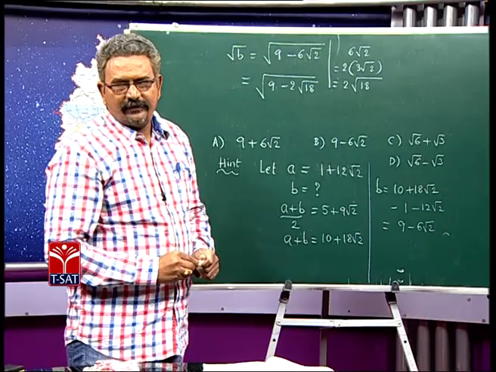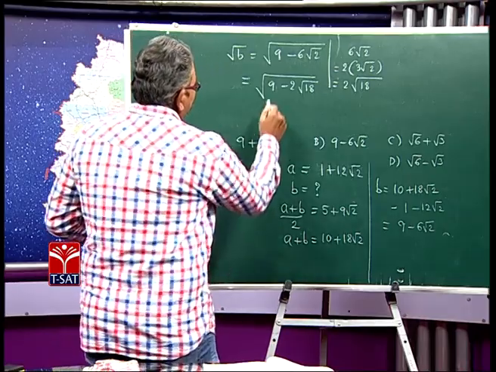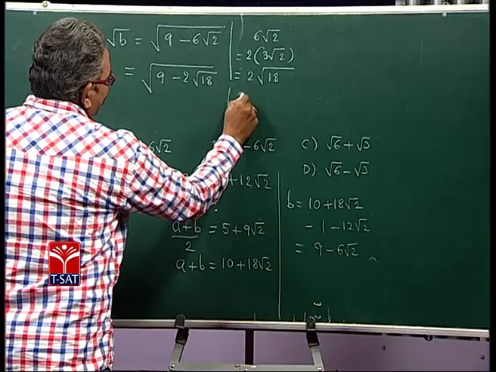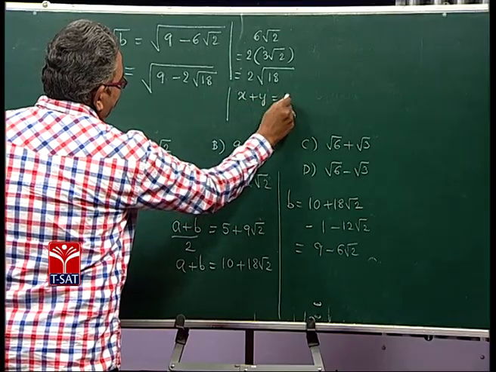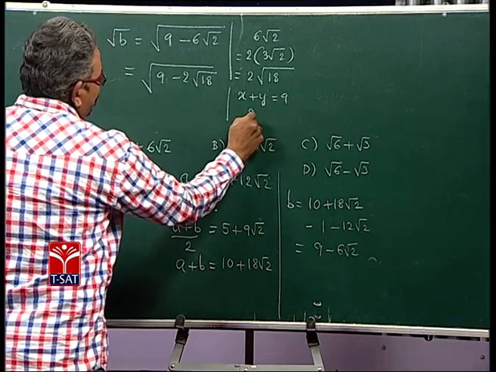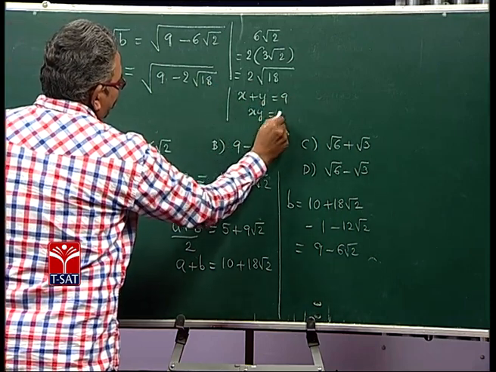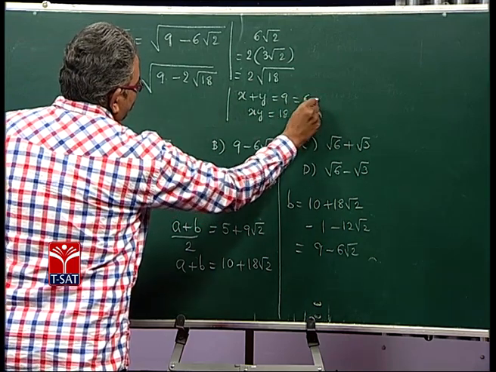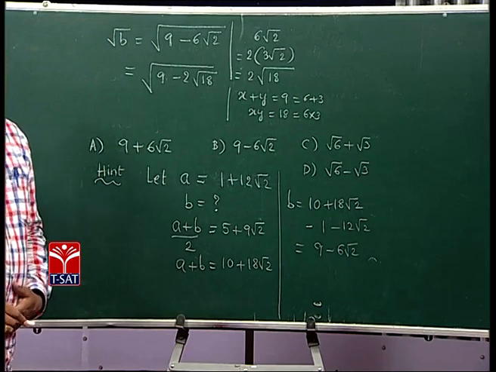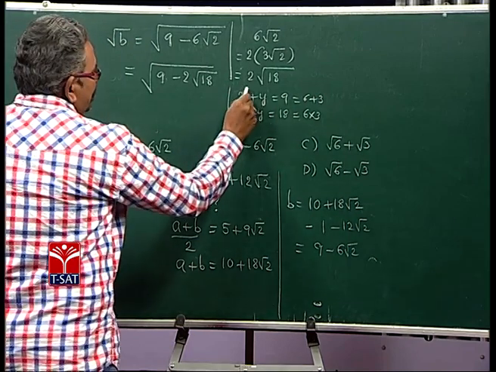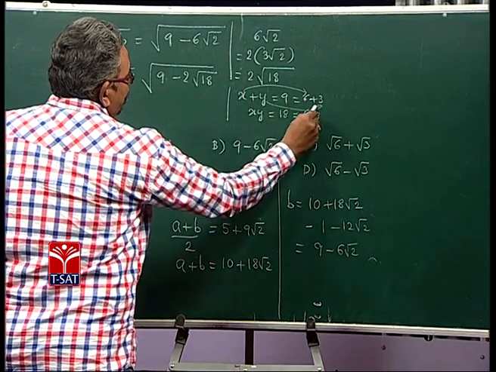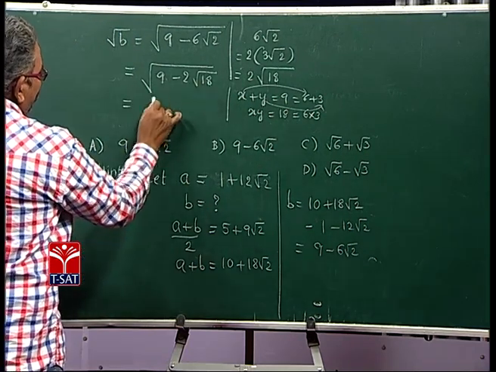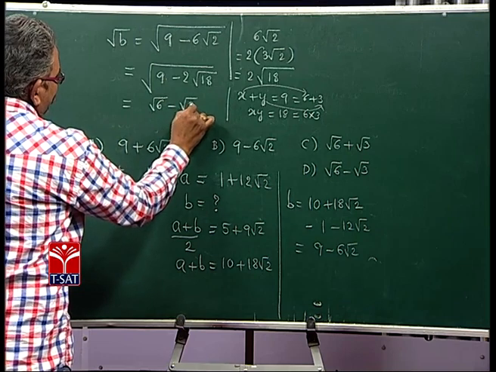Now this is in the standard form. Here 9 will be the sum, x plus y is equal to 9, and this 18 will be the product. So this can be written as 6 into 3, 6 plus 3. X is equal to 6, y is equal to 3. The answer is root x minus root y, root 6 minus root 3.